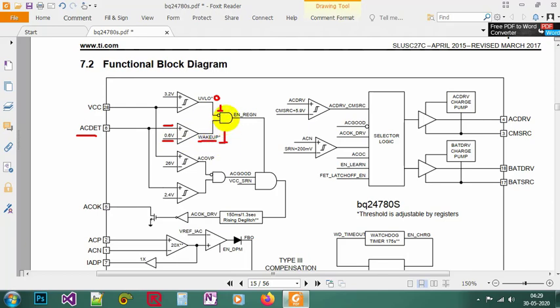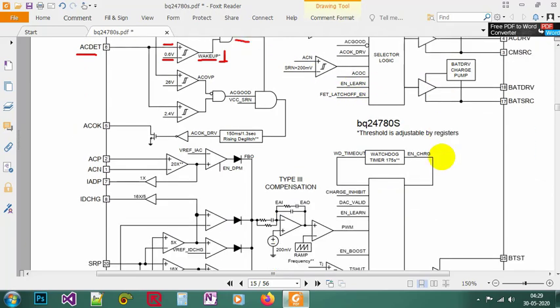Now for the AND gate, we got two high inputs, then it will release a high output. Now the output will become high if the VCC is more than 3.2 volt and AC detect is more than 0.6 volt. So the output of the AND gate is called EN, enable, that's your LDO enable.